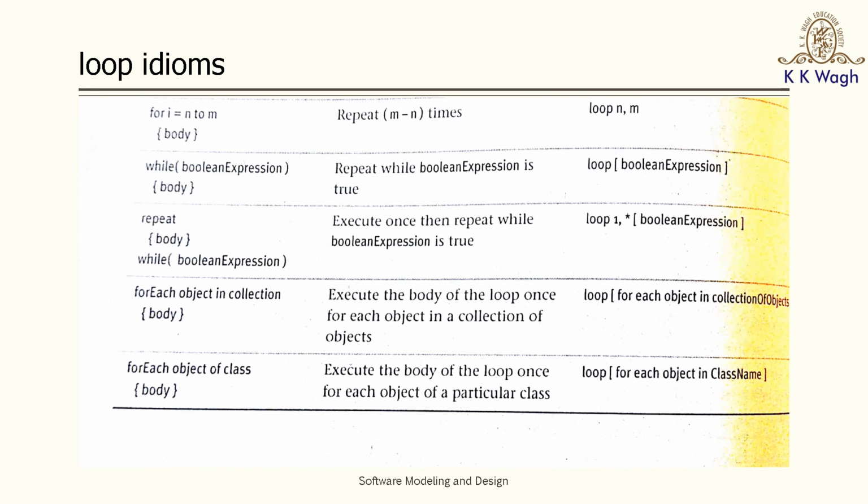Then this is the while loop, while a Boolean expression. If that condition is true, then it repeats, and if it is false, it does not repeat. So this is all about loop idioms. I think you are very familiar with these looping concepts. There is no need to elaborate more on this.